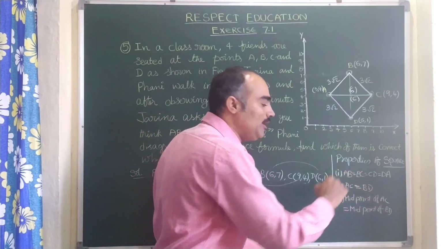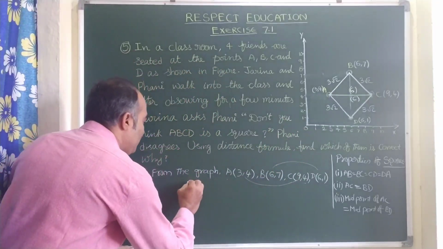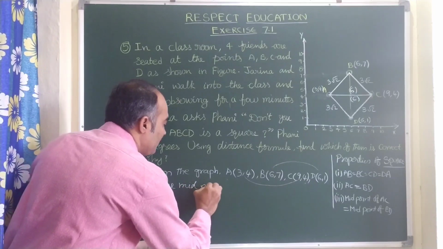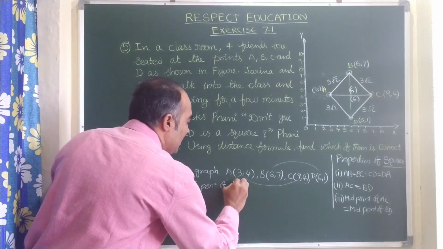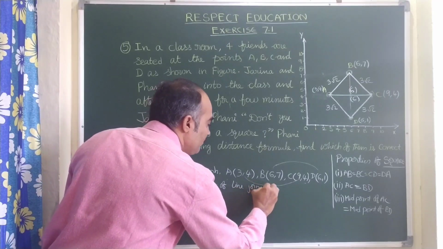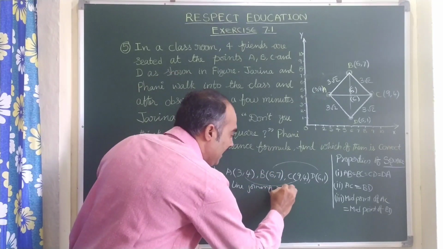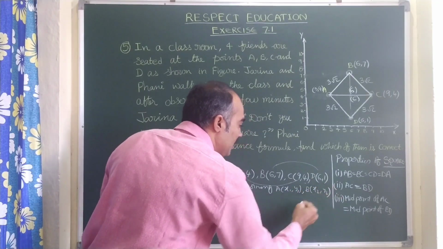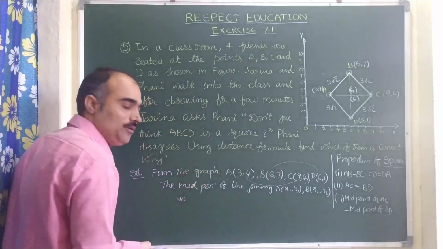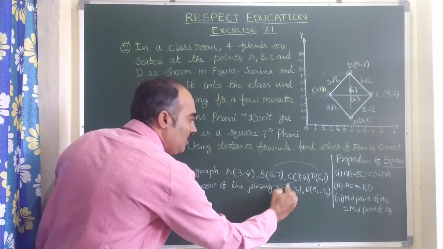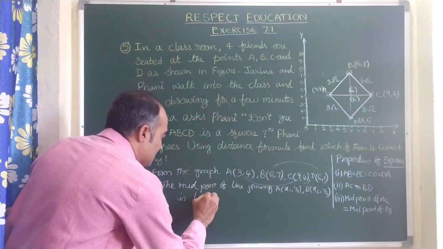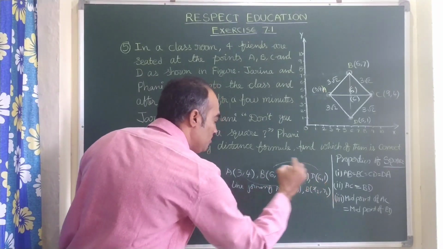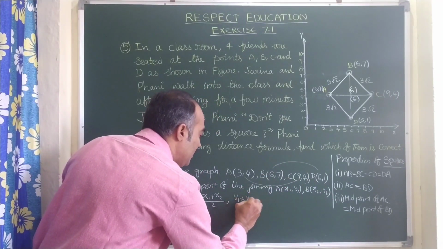Now let us see the midpoint of AC directly. Suppose the midpoint of the line joining A(x1, y1) and B(x2, y2) is given by the formula (x1 plus x2 by 2, y1 plus y2 by 2).